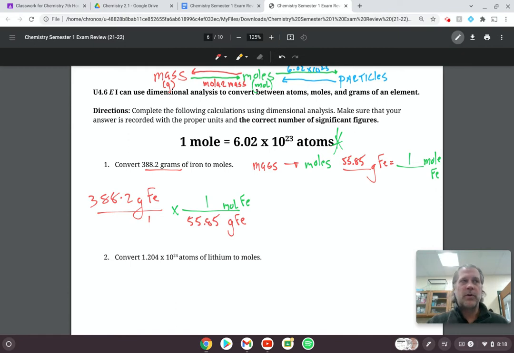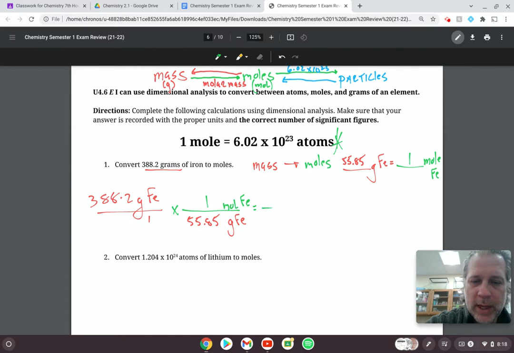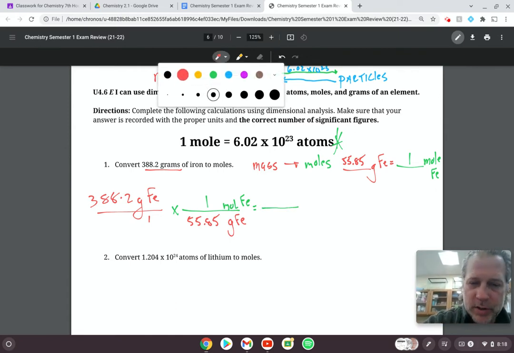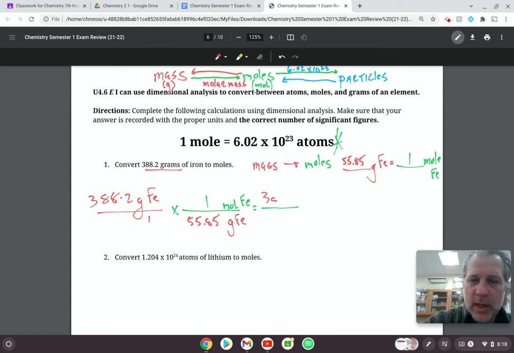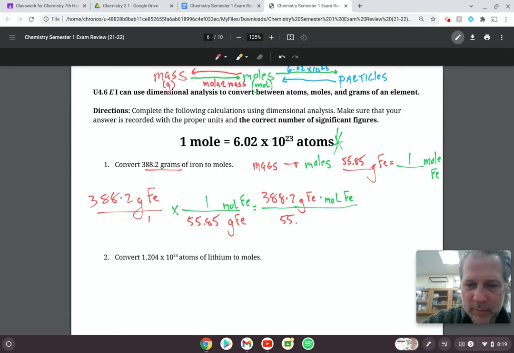So just like we were doing with the problems before, I'm going to do this one time, and then I won't continue this process. So 388.2 times 1 is 388.2, and that's going to be grams of Fe times moles of Fe, over the 55.85 grams of Fe.